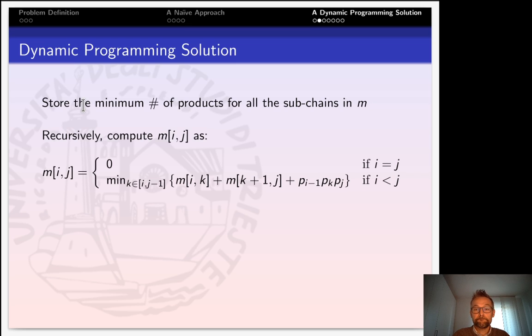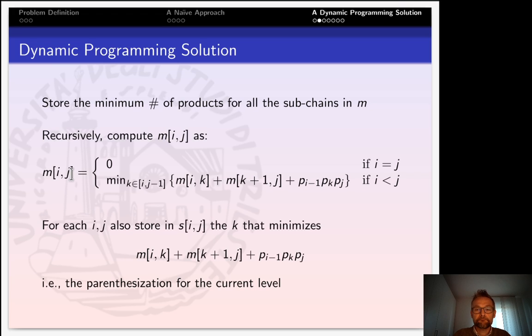Please notice that this equation is more general than the one we saw on the whiteboard, because here we are dealing with indices ranging from I to j, while in the previous equation we were dealing with indices ranging from 1 to n. So this is more general. That's why it seems a little bit more complex, but actually it is not.